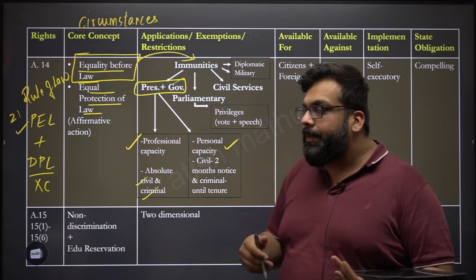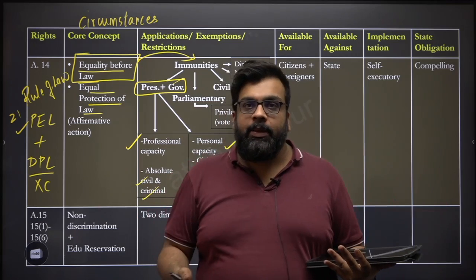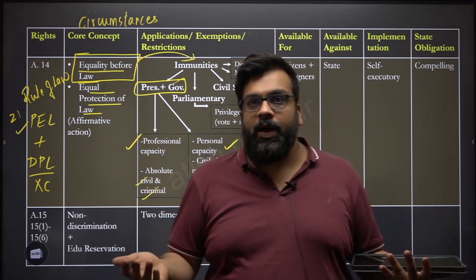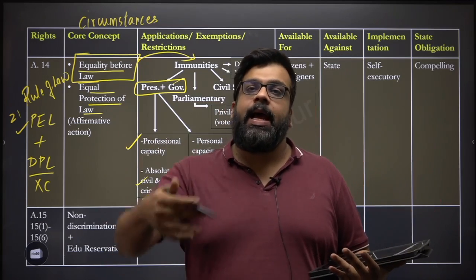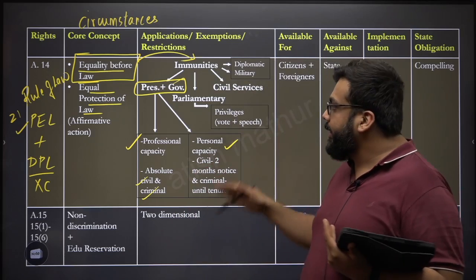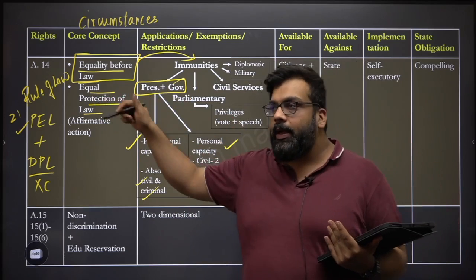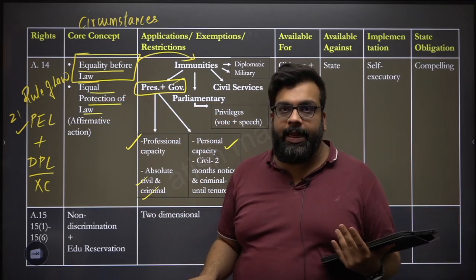Similarly, if the president runs over somebody while driving a car, a case of let's say driving by negligence and causing death by negligence, till the time you are the president, criminal action can't be taken against you.